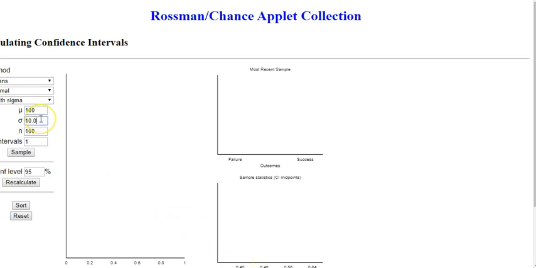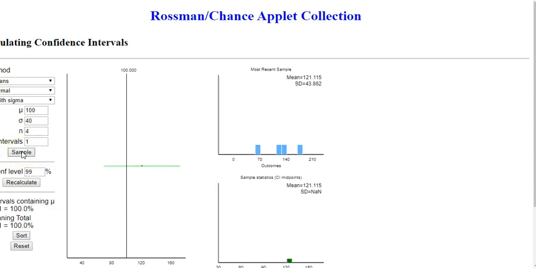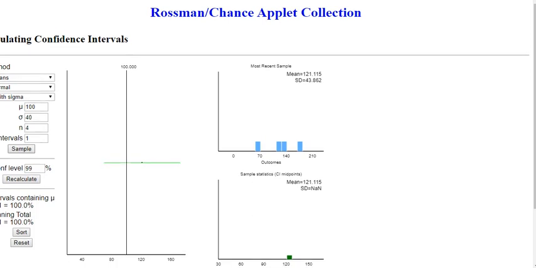Our standard deviation here was 40, and our n was only 4. And we wanted a 99% confidence level. So this right here is our mean.